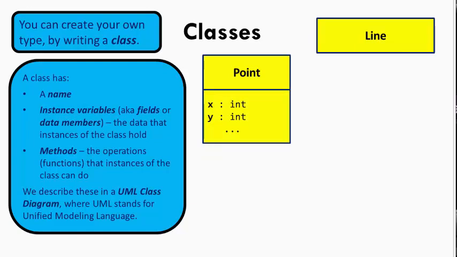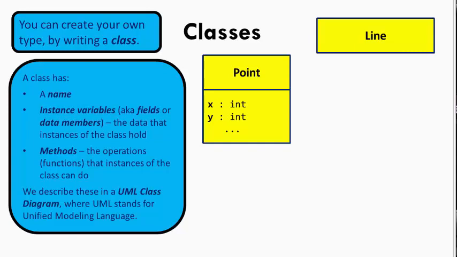Here, the designer of the point class chose the natural names x and y for the 2 instance variables of the point class. Other languages use the words field or data members instead of instance variable, 3 ways to say the same thing. A point might have other instance variables, for example, a variable that indicates whether the point should currently be visible or not on the canvases on which it is drawn.